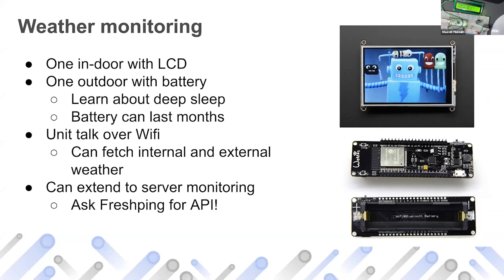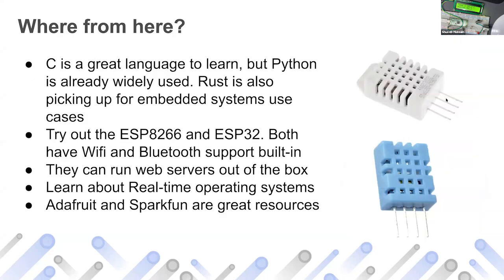I am working on the weather station. And where from here? C is a great language, but Python is widely used. You can even try Rust on embedded systems. I really want you folks to look at the ESP8266 and ESP32 microcontrollers. Both of them can also run MicroPython, and they are very powerful because they have Wi-Fi capability.